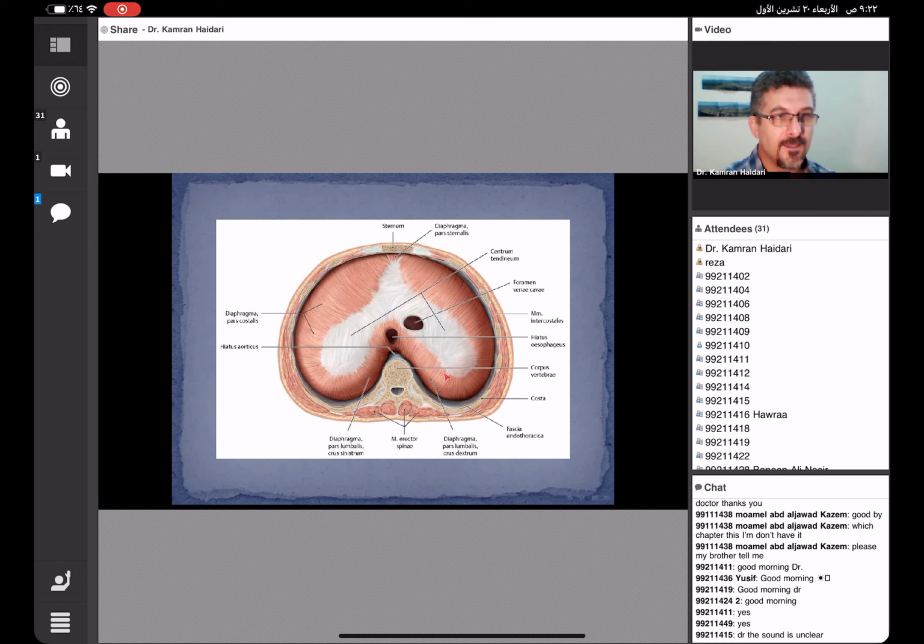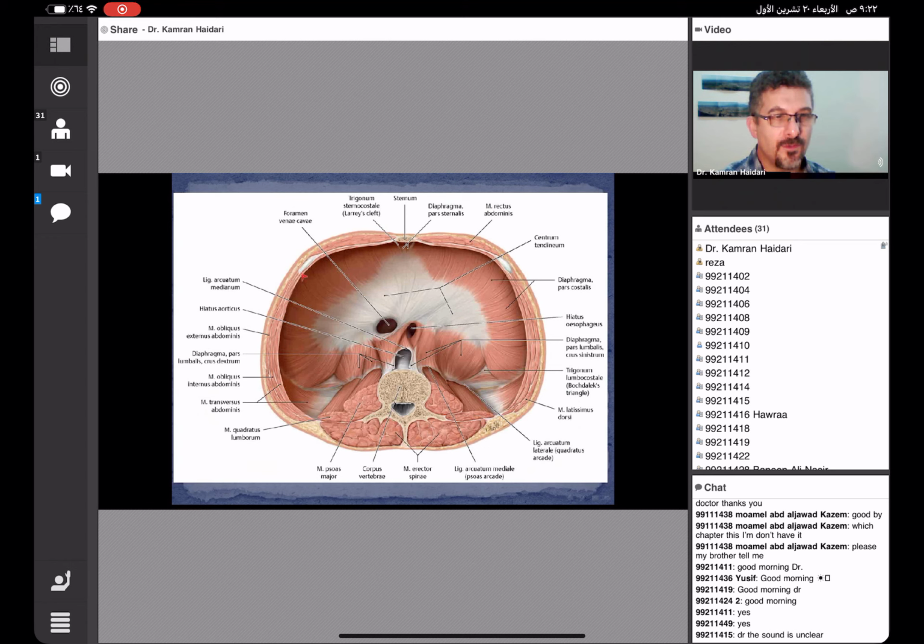And this is another view of the diaphragm. You can see the inferior surface of the diaphragm, the lateral arcuate ligament, and the medial arcuate ligament. Under cover of the medial one, psoas major muscle passes, and under cover of the lateral one, quadratus lumborum passes.